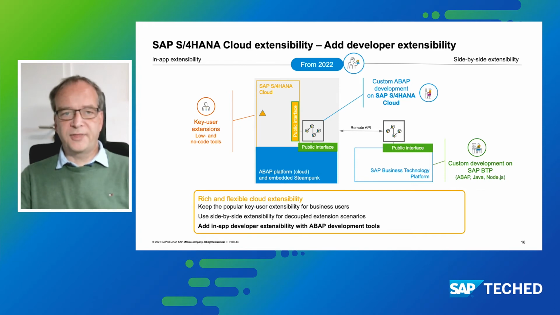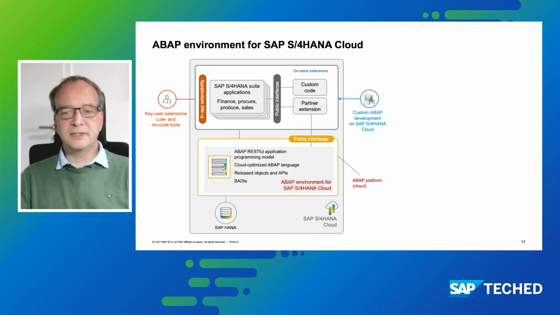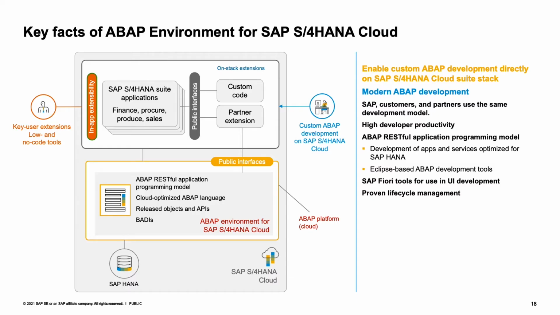Let's start again with the simplified stack of S/4HANA, which now combines the key user extensibility and the new custom ABAP development for developers as in-app extensibility possibility for S/4HANA. It's based on a modern ABAP development. It means that SAP customers, partners, they use the same development model.